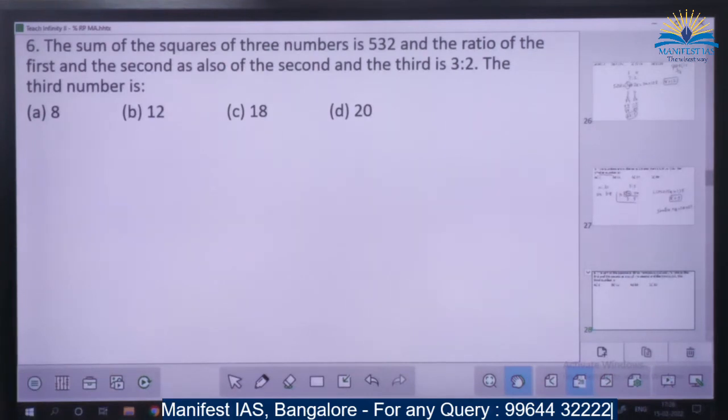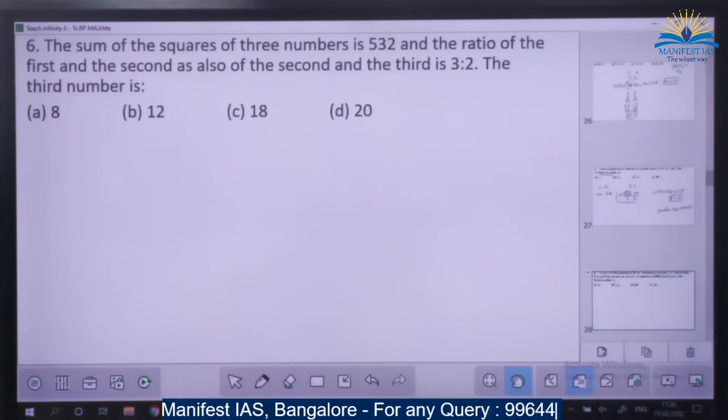The sum of the squares of 3 numbers is 532. Sum of the squares of 3 numbers.